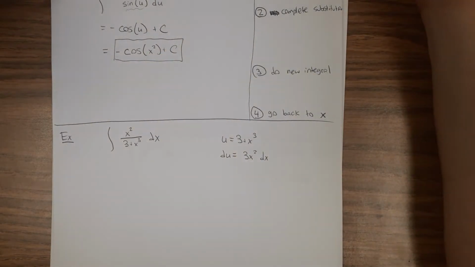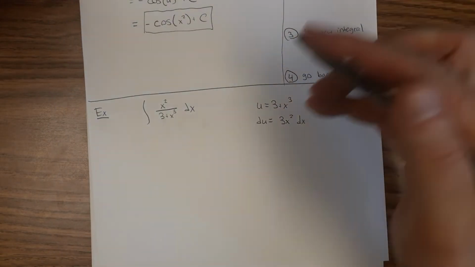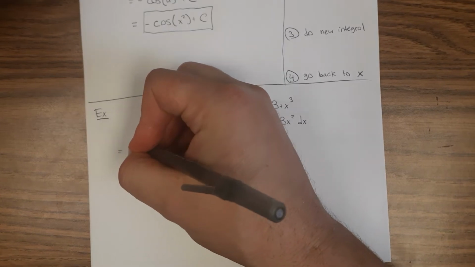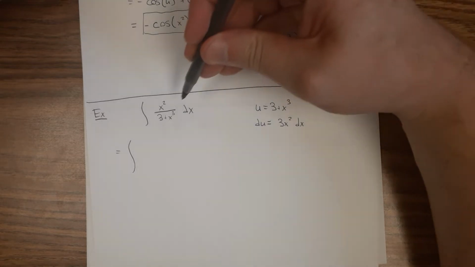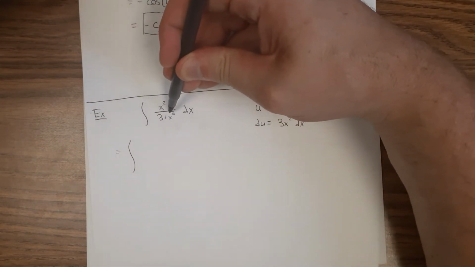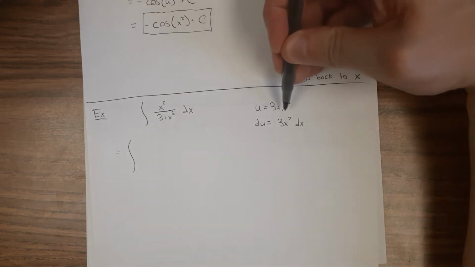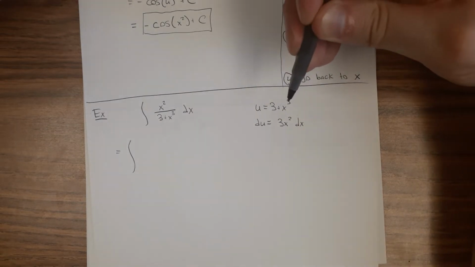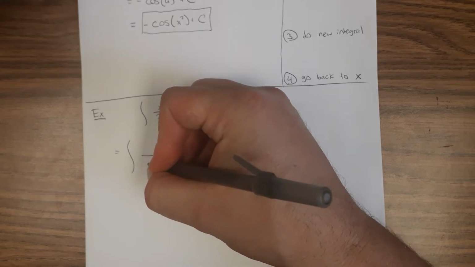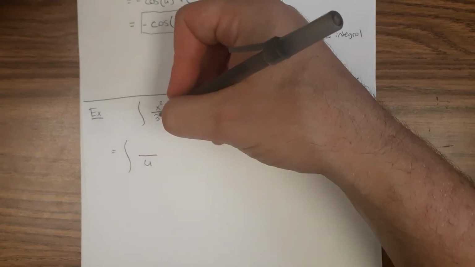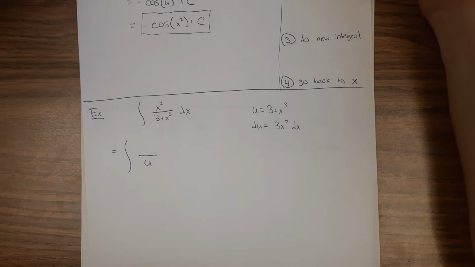Now let me make this substitution. There's usually at least one thing that's obvious, which is that I see u right here. In fact, that's the whole point of why I made u what I made it: it's the denominator of this fraction. So I'm just going to write u down here instead of 3 plus x cubed.